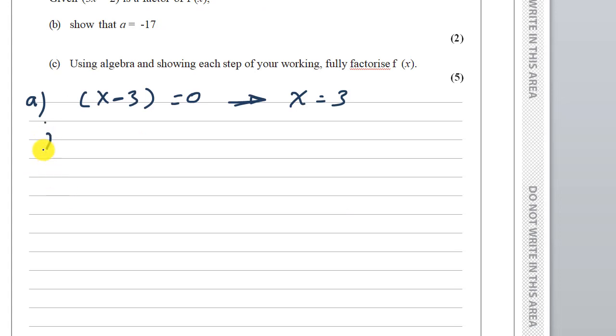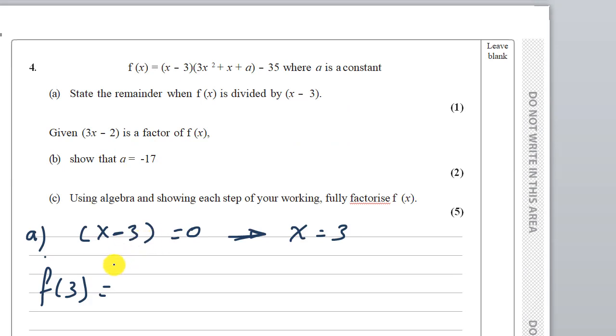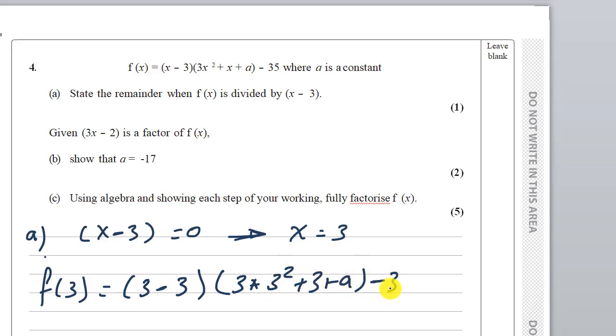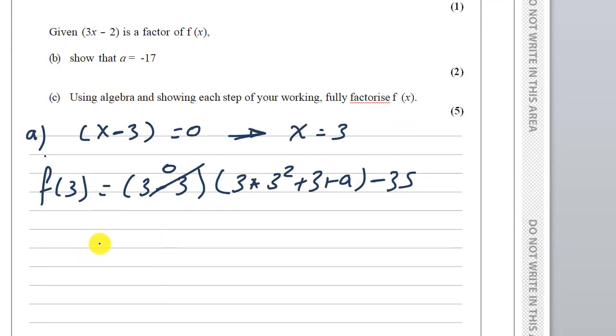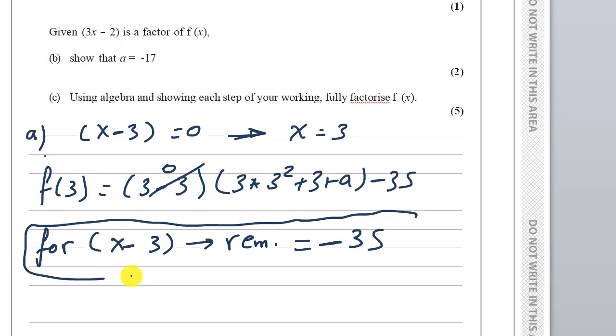So f of 3 will equal (3 minus 3) multiplied by (3 times 3 squared plus 3 plus a) minus 35. So this part is 0. So the remainder for x minus 3 is equal to minus 35. And this is the answer of this part.